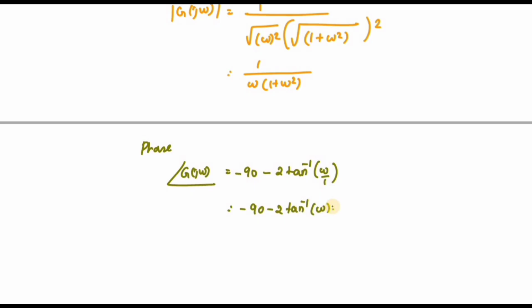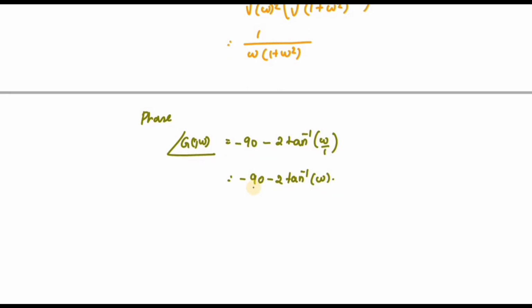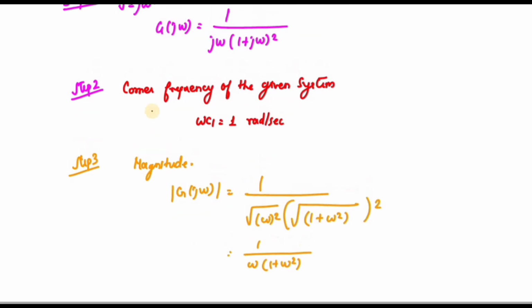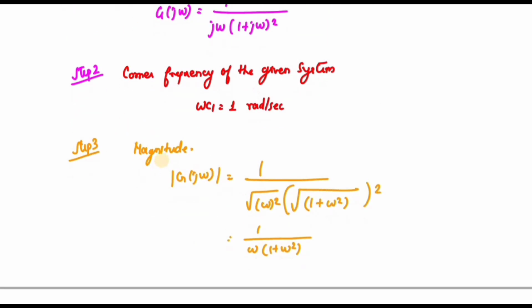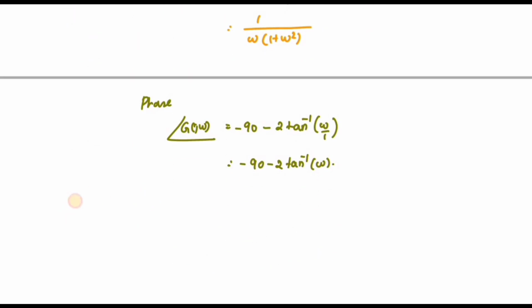Since it is in the denominator, I am substituting minus. So it is minus 90 degrees minus 2 tan inverse of the j term over the real term.